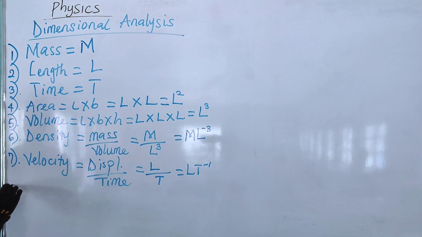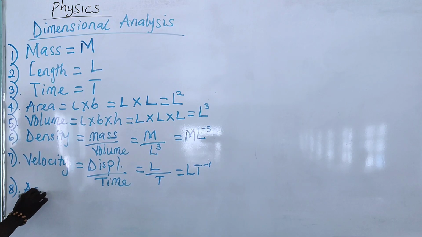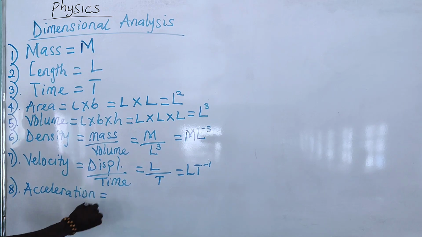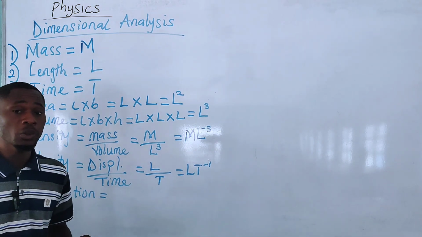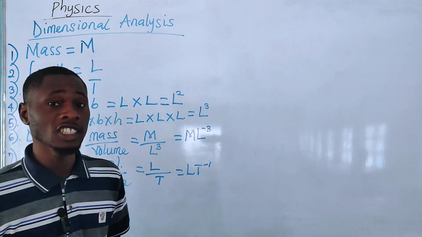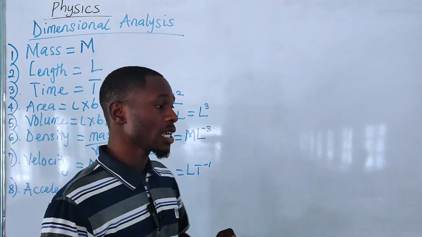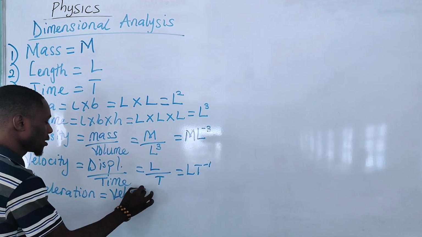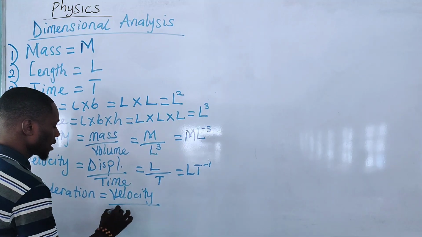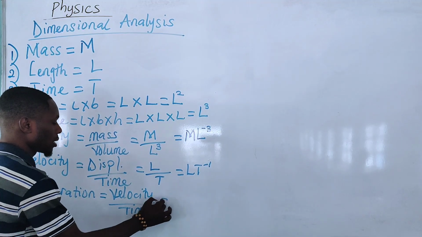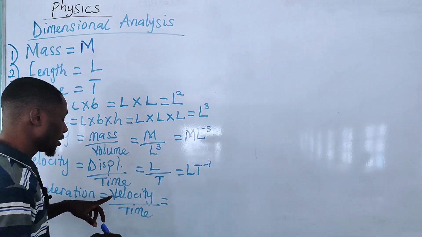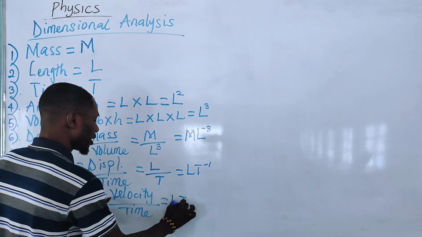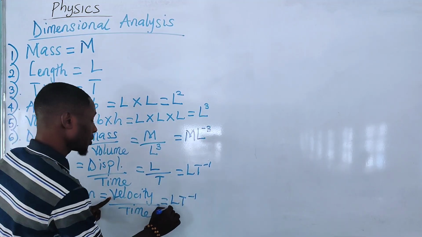Now, the next quantity is acceleration. And acceleration we know is the rate of change of velocity with time. So it is defined as velocity over time. So let's substitute their dimensions. Velocity we know is equal to L T to the power minus 1, we've derived that already.